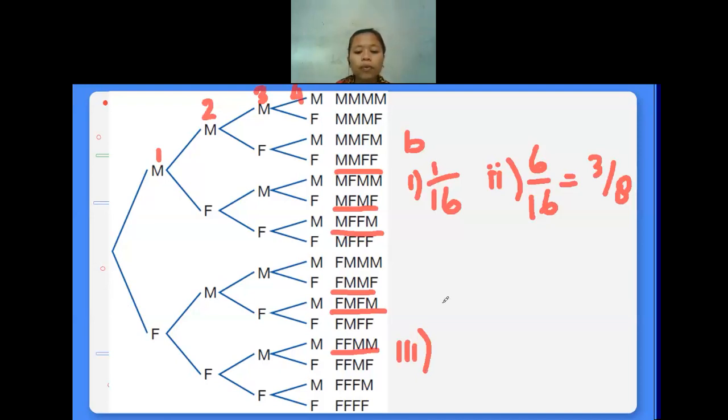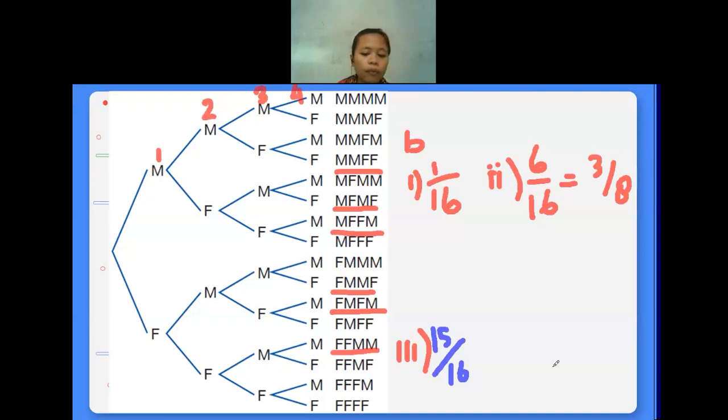Yeah, so it will be 15 out of 16. Is there anyone who gets confused about getting 15? So as long as there is a letter F, we take it. There will be 15 because it says at least one female. So at least there is one letter F in the combination. So it will be 15 out of 16.